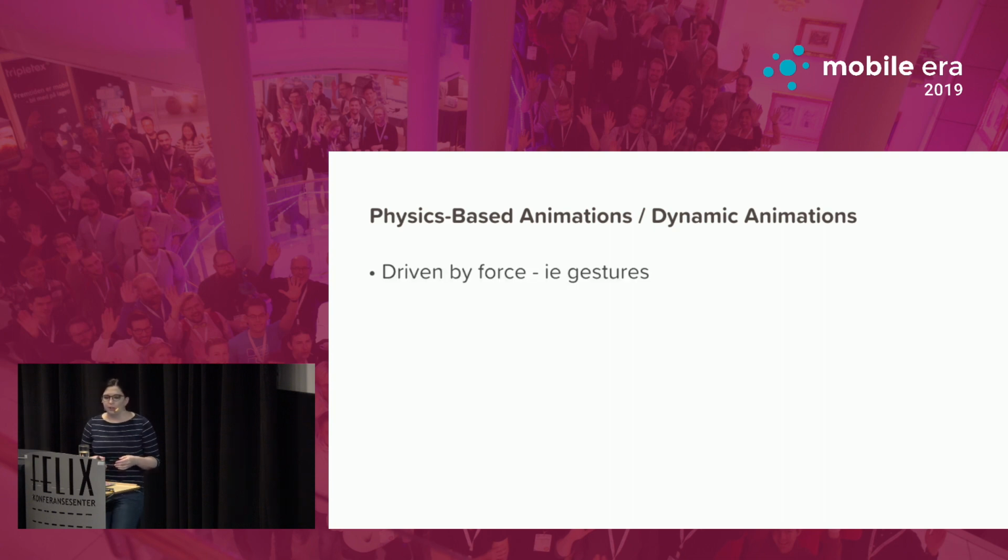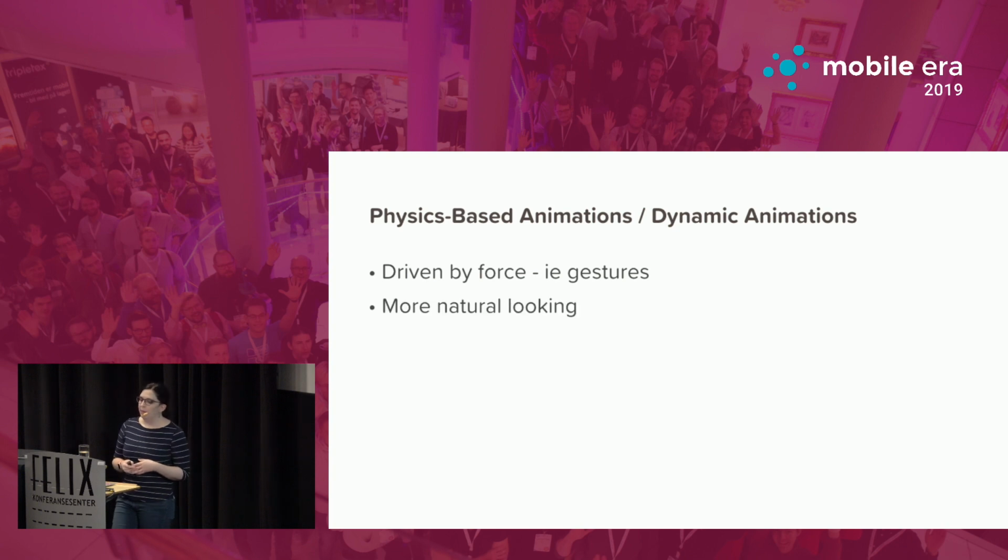So they are typically driven by a force, and in this case, a force is a gesture, so moving or scrolling super fast. If you're used to using a list, or you scroll on Twitter or something, you can scroll it, and the force of your gesture determines how fast that RecyclerView moves.